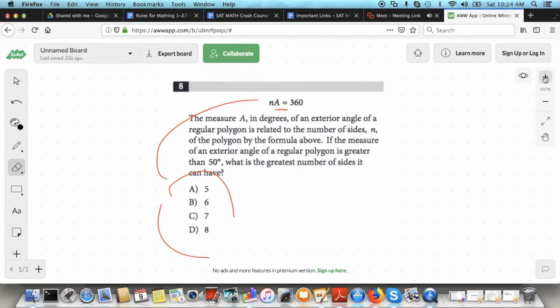So we do 5 times A equals 360. Divide that by 5. Great.